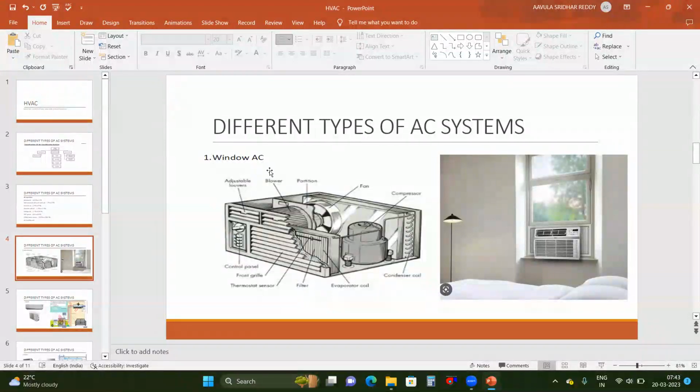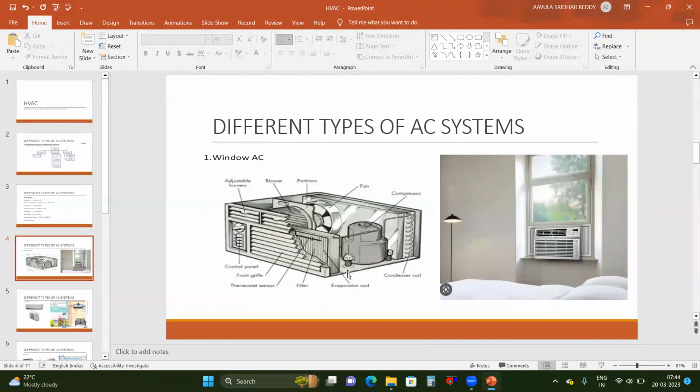Generally the compressor and the condenser will be in the outdoor unit. But here, this is the compressor, this is a condenser coil, and this is the evaporator. So the expansion valve will be somewhere at the bottom. So the total refrigeration cycle is happening inside this one unit, that is called window AC.